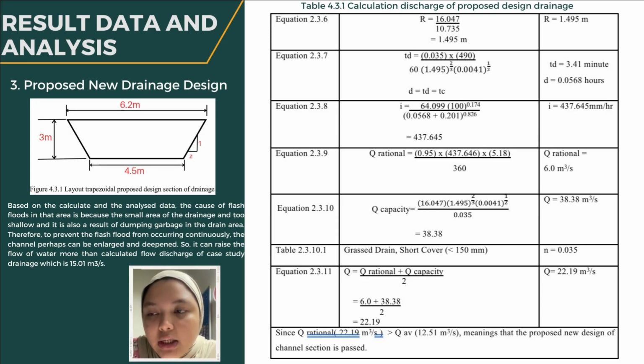Since Q rational is 22.90 meter per second, bigger than Q average, which is 12.51 meter per second, it means that the proposed new design of channel section is passed.